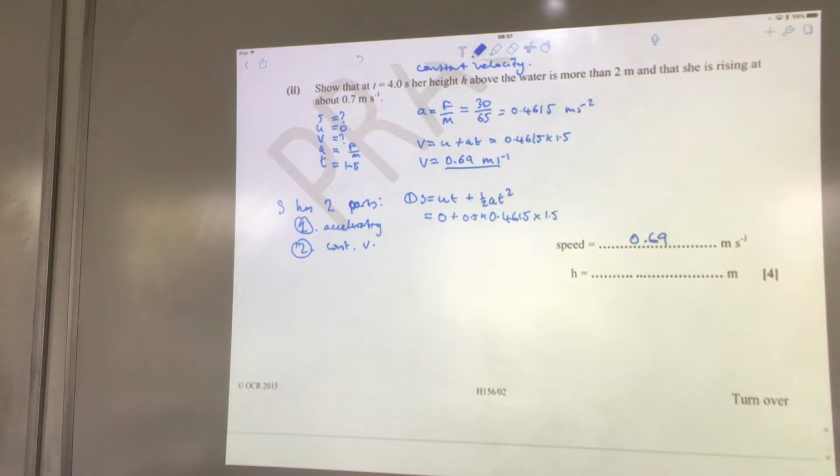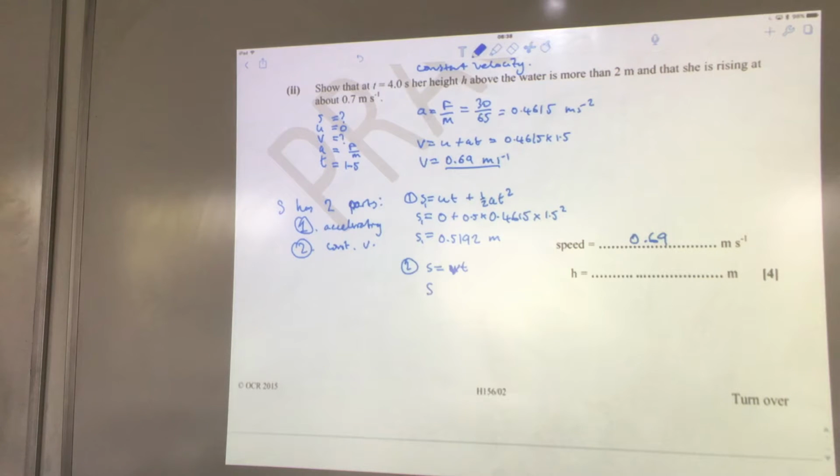Multiplied by 1.5 squared. That gives us, if we call this S1, the first part of the height, 0.5192 meters. And then for part 2, we're using S equals VT, in this case.